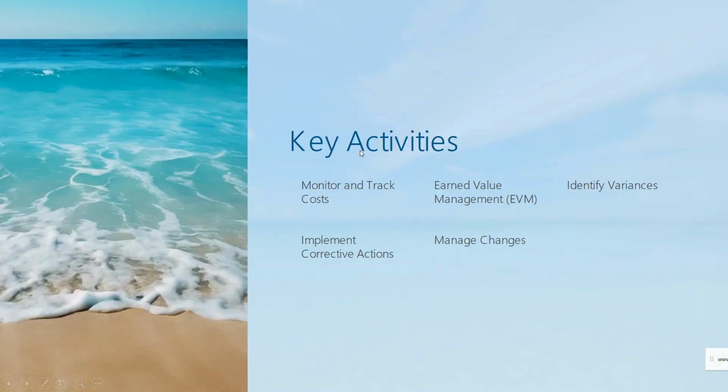Next, we will follow these activities for cost control. Monitor and track cost: continuously compare the actual cost against the cost baseline to ensure the project remains within budget. Second, we will have earned value management. Use earned value management techniques to assess the project performance in terms of cost and schedule.